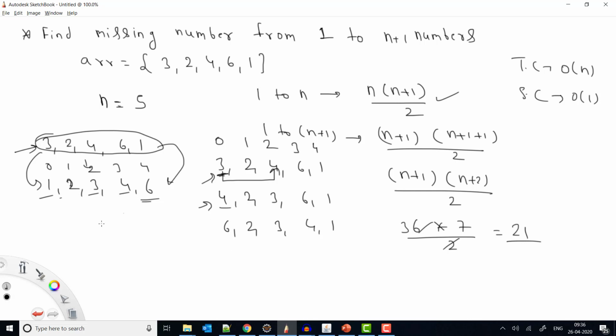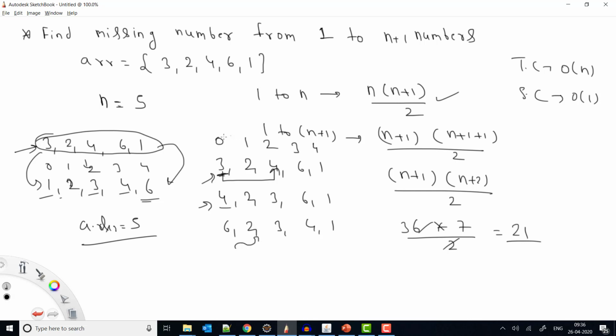Because if one number is missing, then one number will be extra. So if this value is greater than the array length, it is the extra value. We need not do anything for it; it will stay as it is, and then our i will move to the next one.